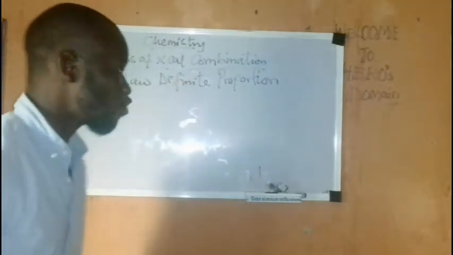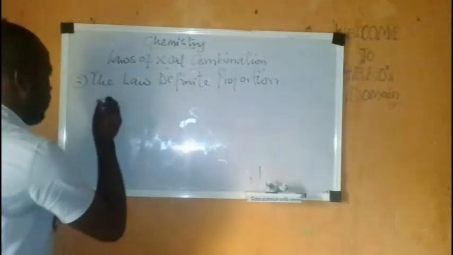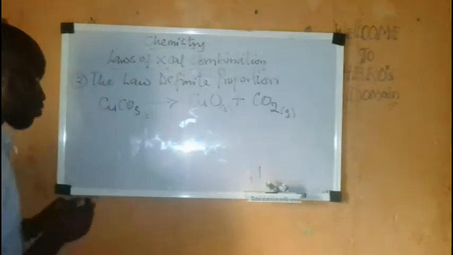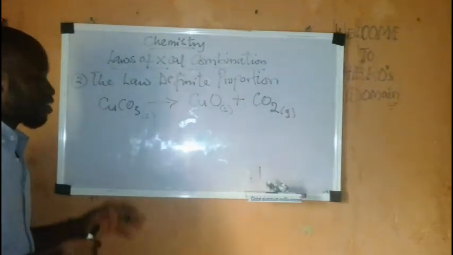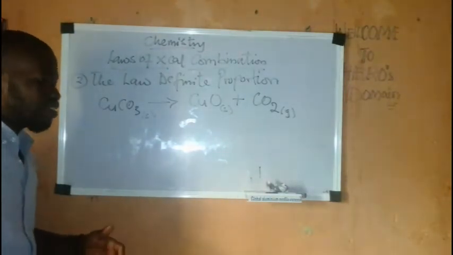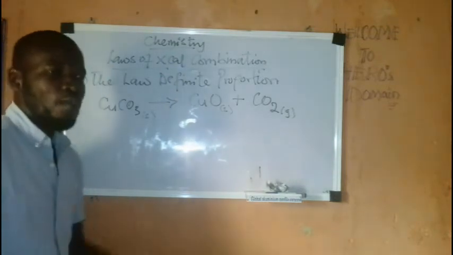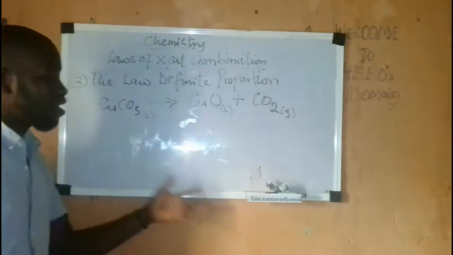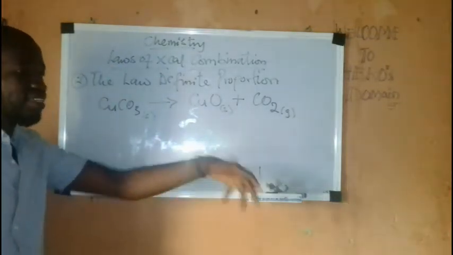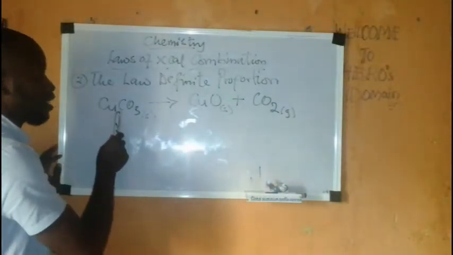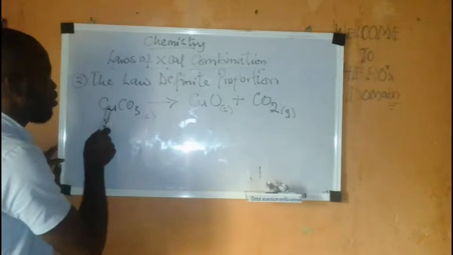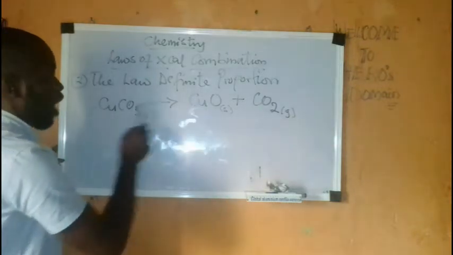Now let's take, for instance, this compound Cu. The law states that it contains the same elements combined in the same proportion by mass. If you look at this compound, this is a sample of a chemical compound. We have copper, and oxygen is here.